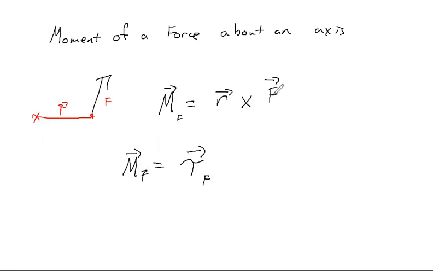Now, those are mathematically correct. Linguistically, this isn't quite how people use it, especially in engineering. Let's say we had an object, a turntable, being spun by some sort of an axle, and then there are external forces acting on it.